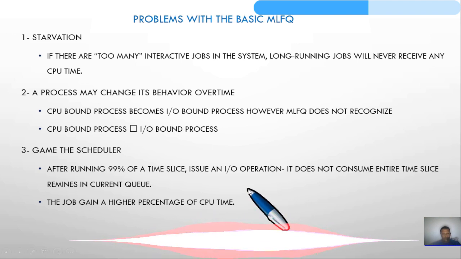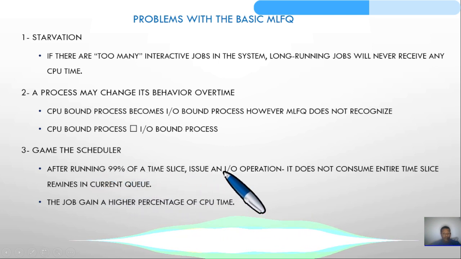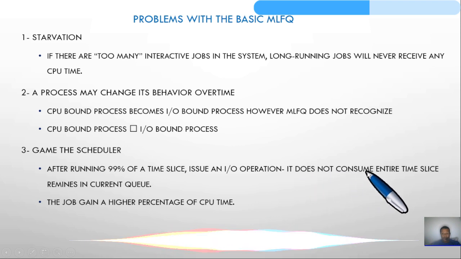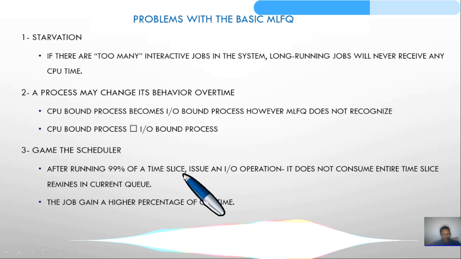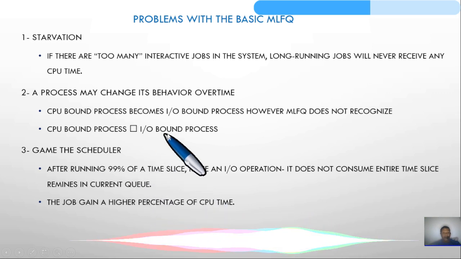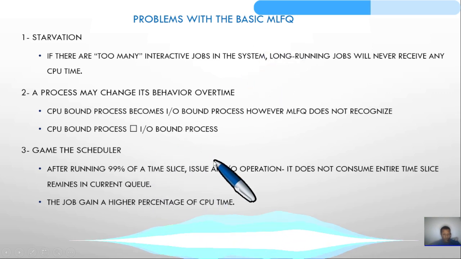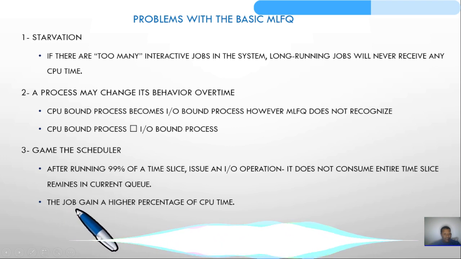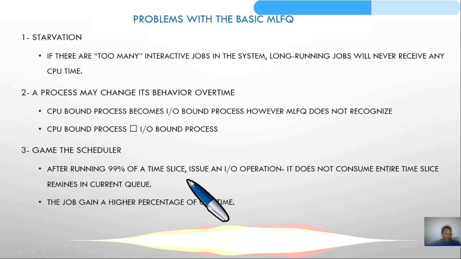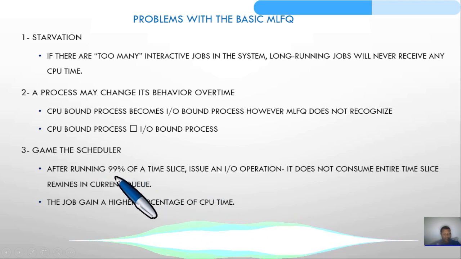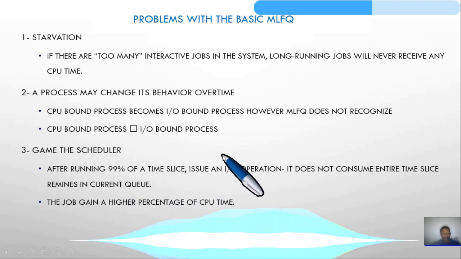So if some kind of gamer, after running 99% of the time slice, issues an IO operation, it does not consume the entire time slice and remains in the current queue. So if this kind of gaming happens, how does the MLFQ respond, when the job gains a higher percentage of CPU time by gaming the MLFQ system?